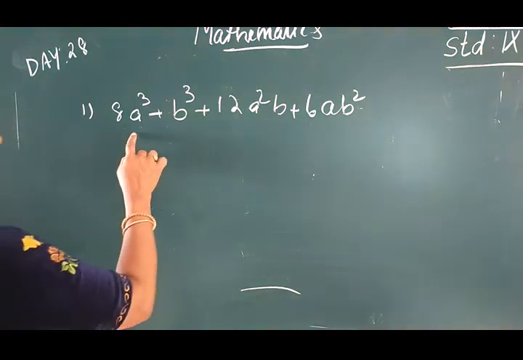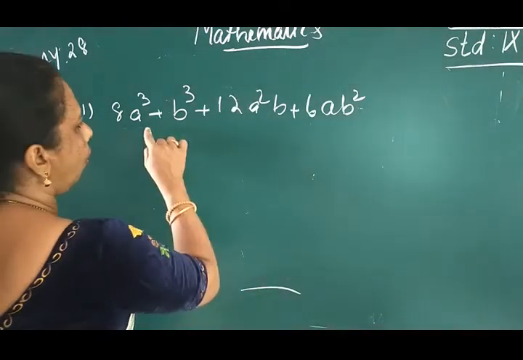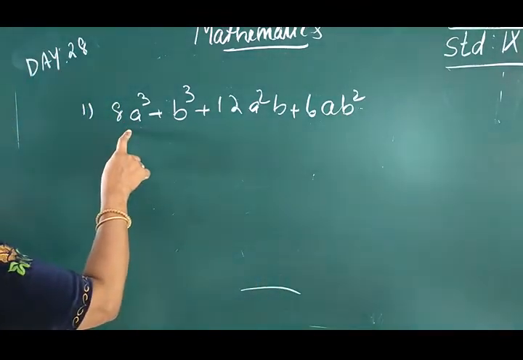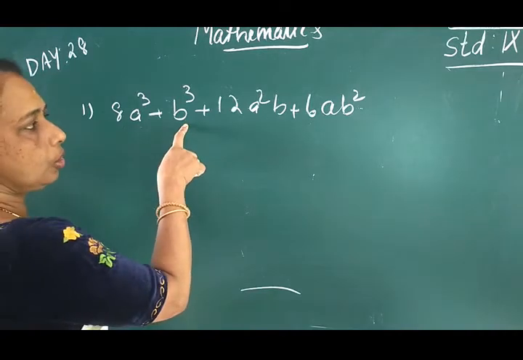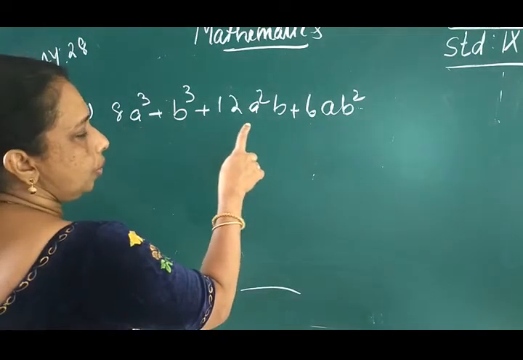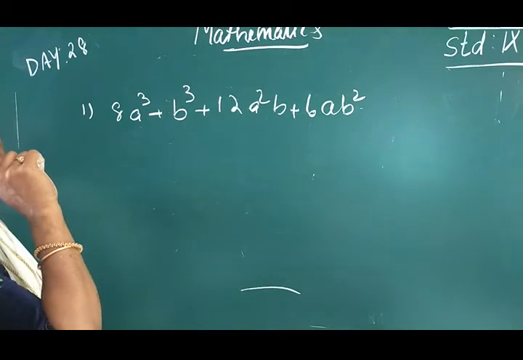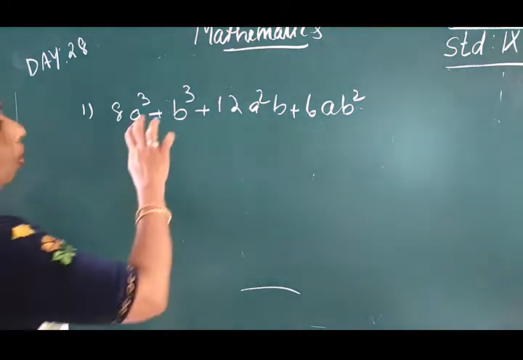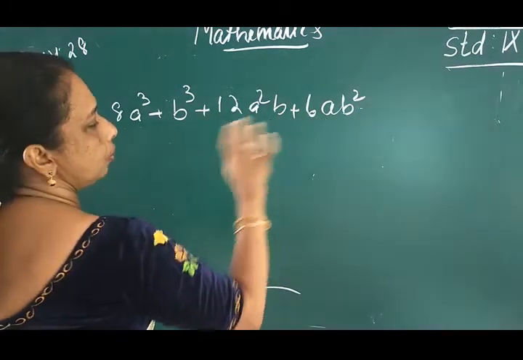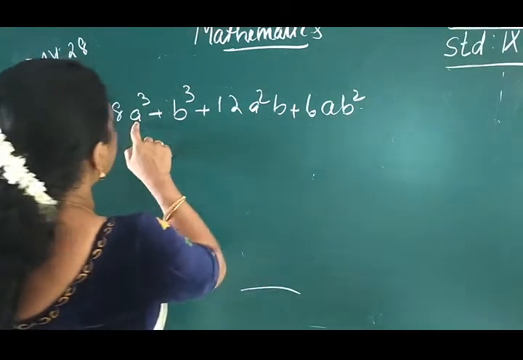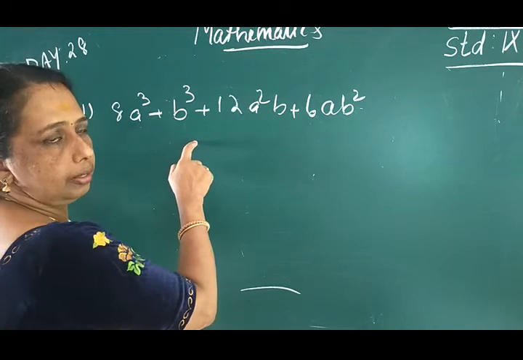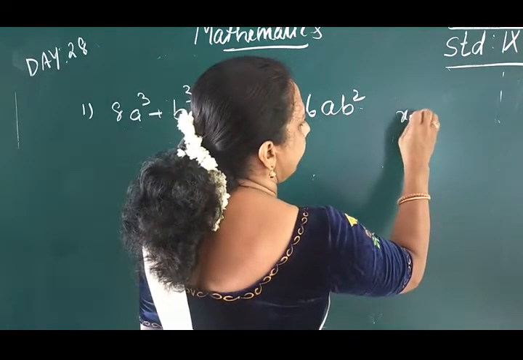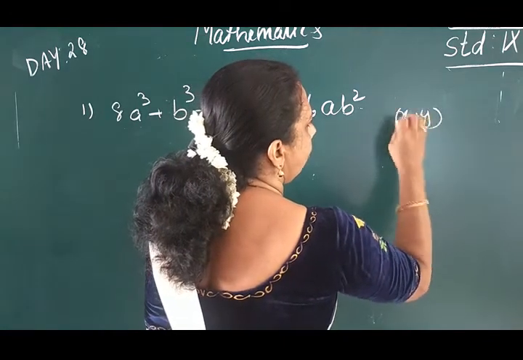We know this is an expanded form. All the terms are positive, and the first term is a cube term, the second one is also a cube term. So which identity can we use here? x plus y the whole cube. All terms are positive and there are two cube terms, so we guess that we are using the identity x plus y the whole cube.